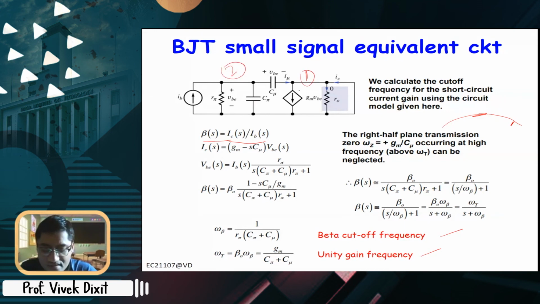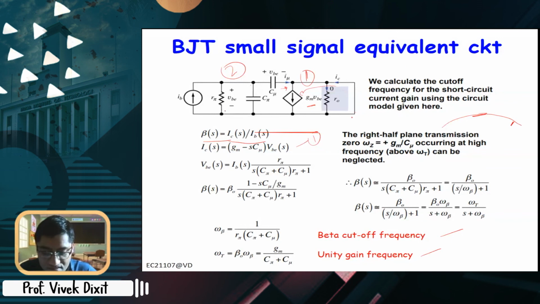At node 1, if you write KCL, you will be able to relate IC: IC is equal to gm VBE minus sC mu times VB, because the emitter and this are also 0 volt.